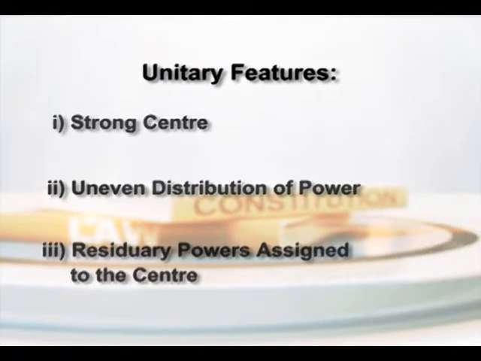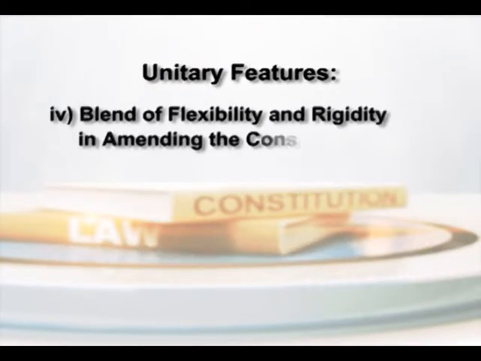The Indian Constitution is partly rigid. I have already told that. Why is it partly rigid? Some of its provisions are quite flexible and can be amended by a simple majority of the members present and voting in the Indian Parliament, that is more than half of the members present and voting on that very date.